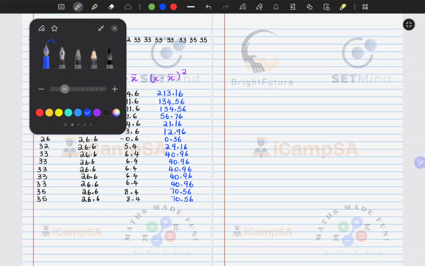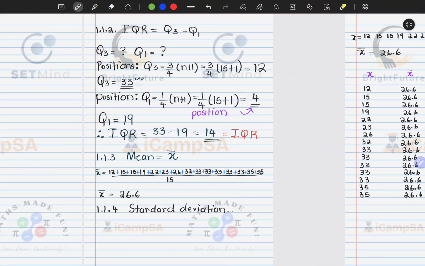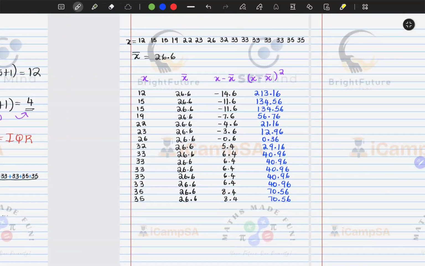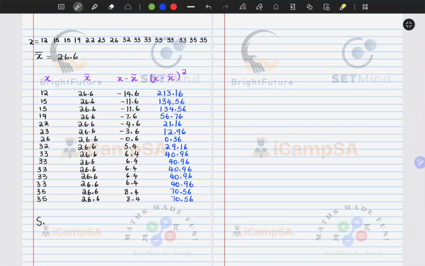Okay, so that has been populated, guys. What I need you to remember is they need us to calculate our standard deviation. If you remember, our standard deviation is given by the summation of x minus our mean, all squared, divided by n.